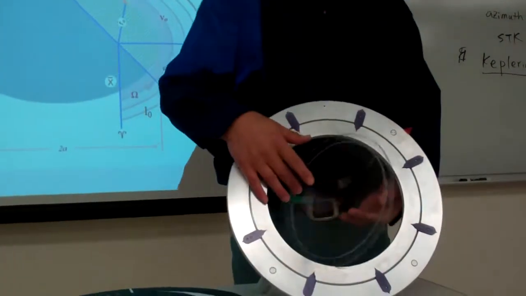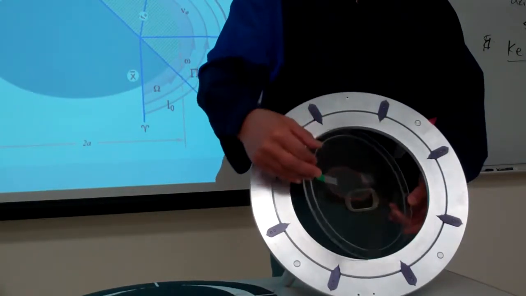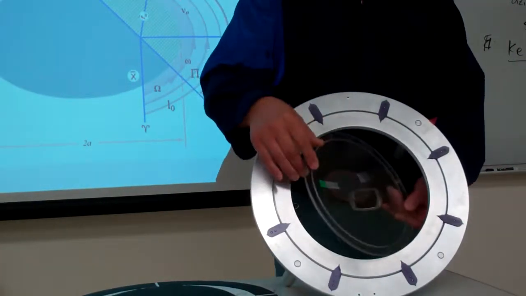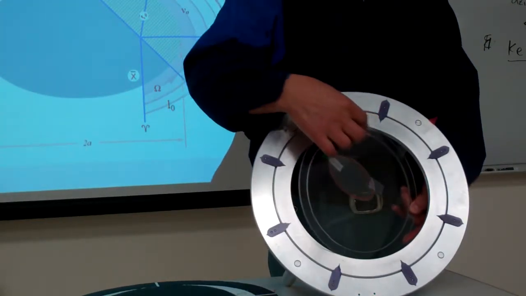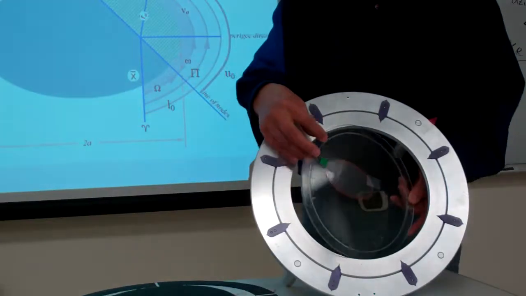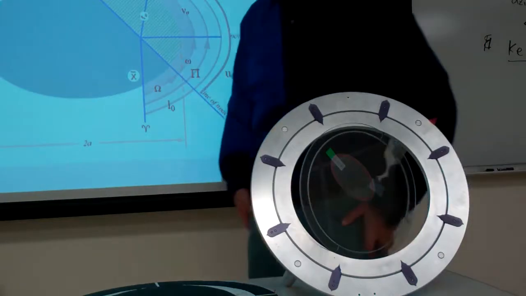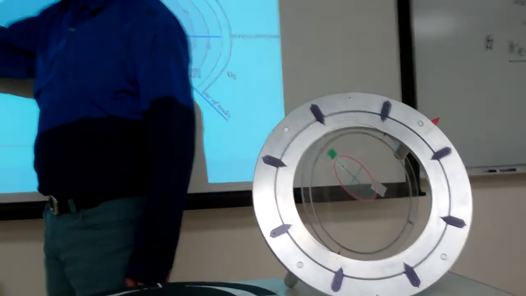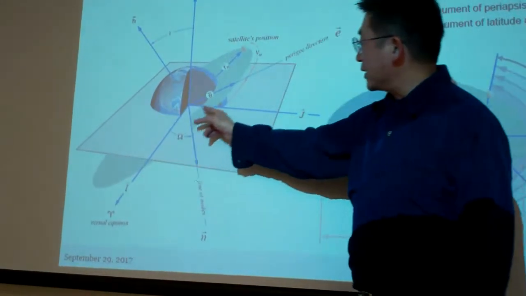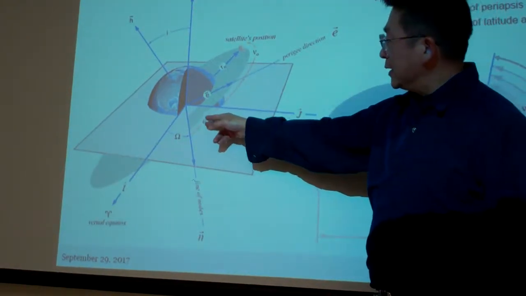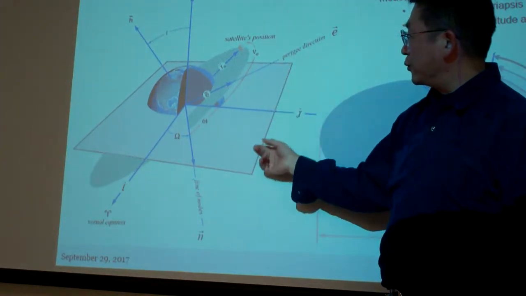The second one comes once we have the orbits. Different orbits have different orientations like this. This is the orbital plane, highlighted by the green hatch lines. Look at the intersection of the orbital plane with the equatorial plane.